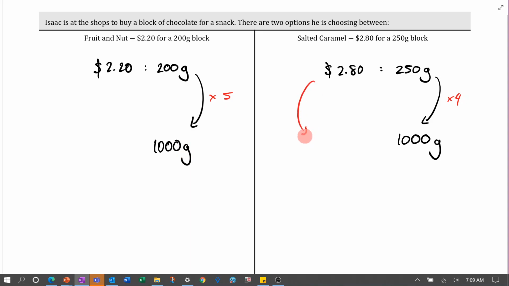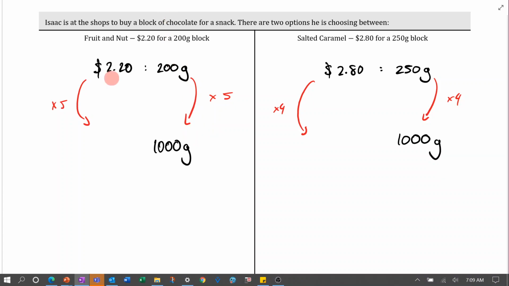So now I'm going to come over here. I'm going to times, let's make this red, this by 4. I'm going to come over here and times this by 5. Let's make this red as well. So I've set up everything here.